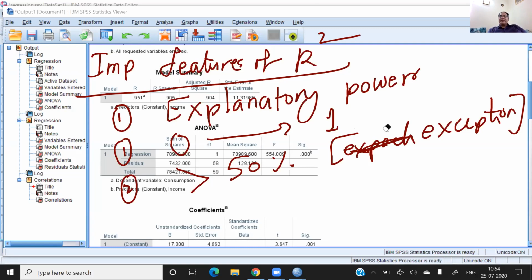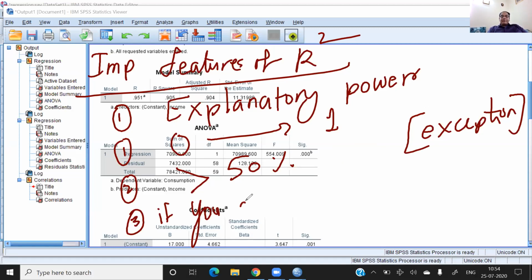And the third is, if you add one more independent variable xi, R square always increases.